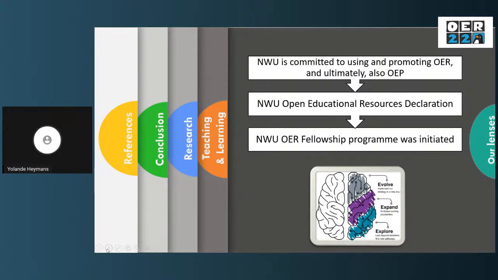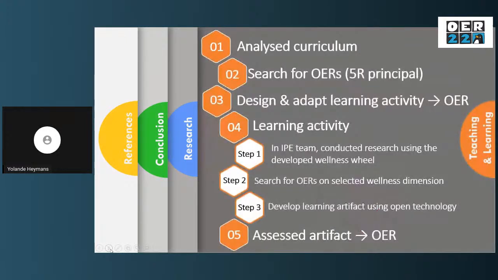Aligned with the NWU's approach to dealing with COVID and the impact of that, namely explore, expand, and evolve, and also with the purpose of the NWU to excel in innovative teaching and learning and cutting-edge research, benefiting society through knowledge, we then applied for this open educational fellowship program to do the following.